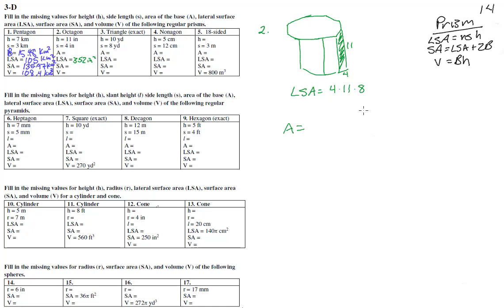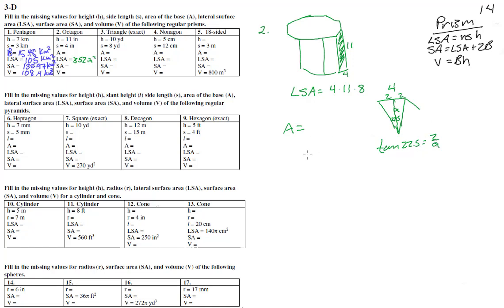This is an octagon, so we're going to have to look at this guy right here. 360 divided by 8 is 45, divided by 2, this is a 22.5 in here. Here's our apothem, and our side length is 4, so we have a 2 and a 2. So tangent of 22.5 equals 2 over a.